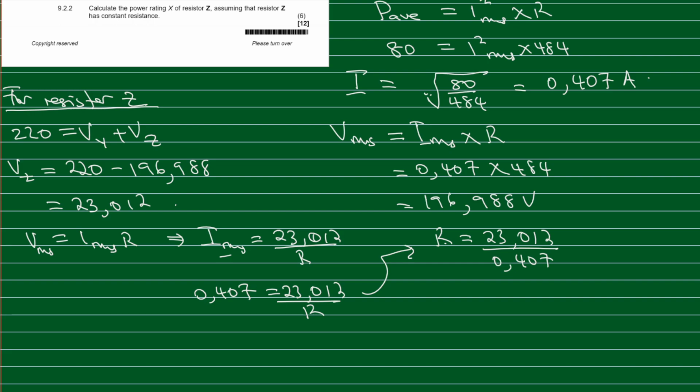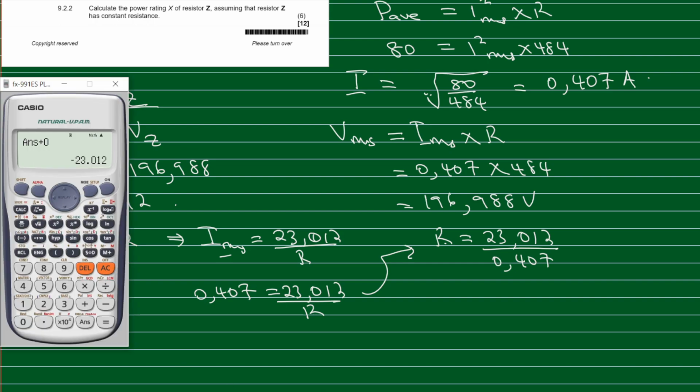How much do we get from there? I'll just take this number, it's still a negative, and divide it by 0.407. How much are we getting here?